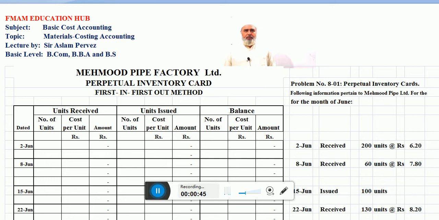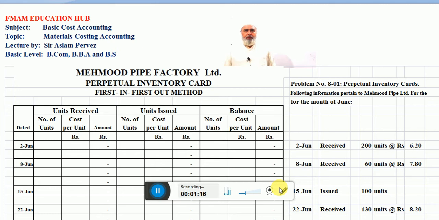Students, first we should know about the costing of materials. What is the meaning of costing of materials? Costing means determining cost.